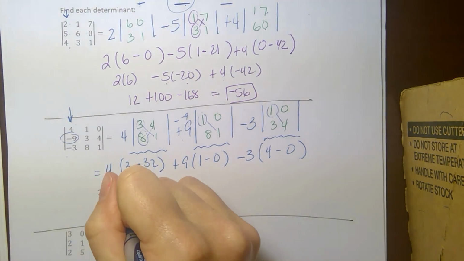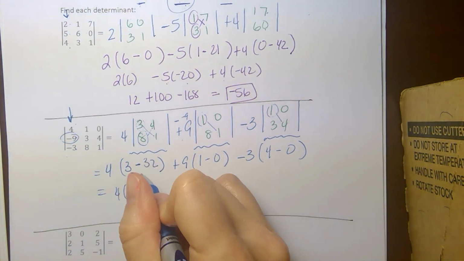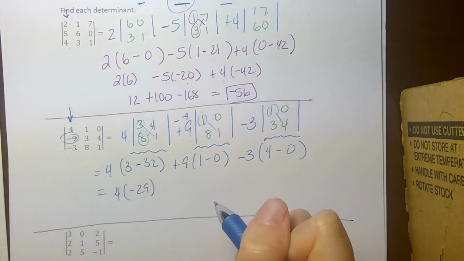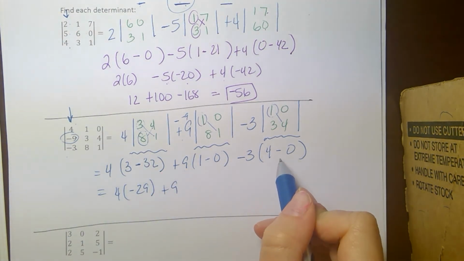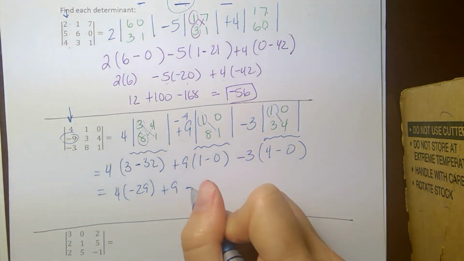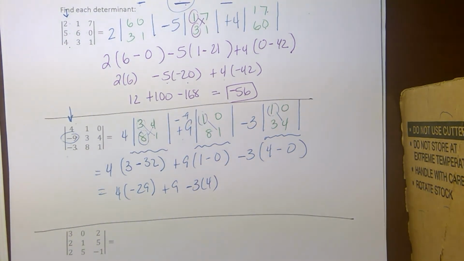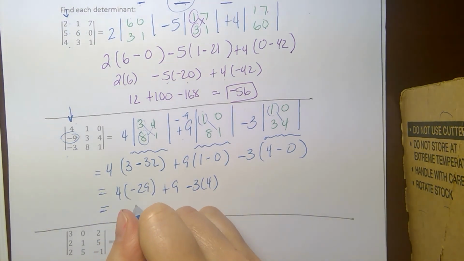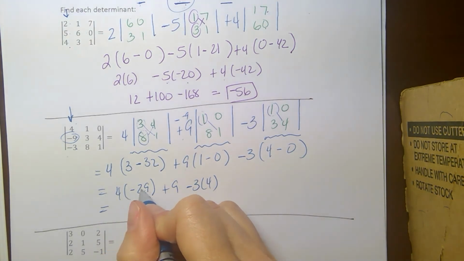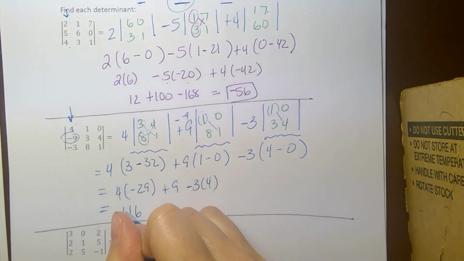All right, 4 times, well, 3 minus 32 is a negative 29. 9 times 1 is just 9. And minus 3 times 4 is going to give me a negative 12. All right, this is a negative. 4 times 9 is 36. Carry my 3. 4 times 2 is 8, plus that 3 is 11.